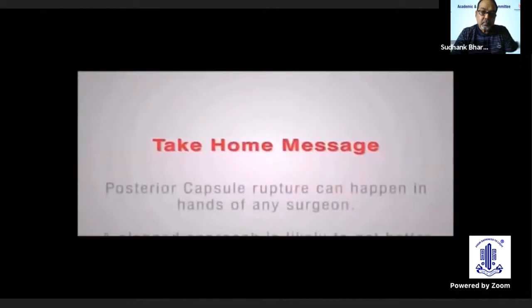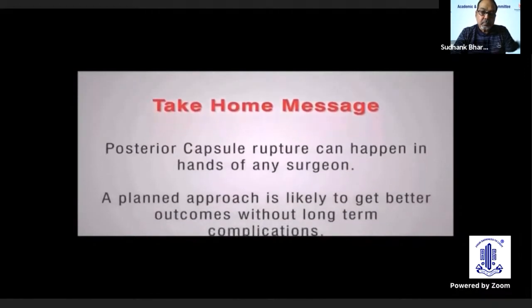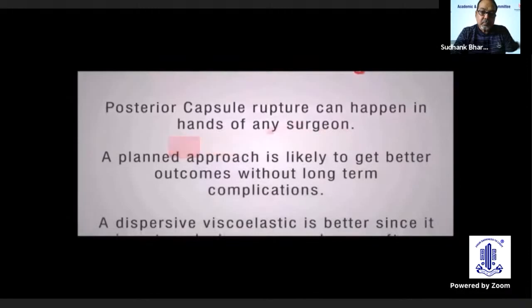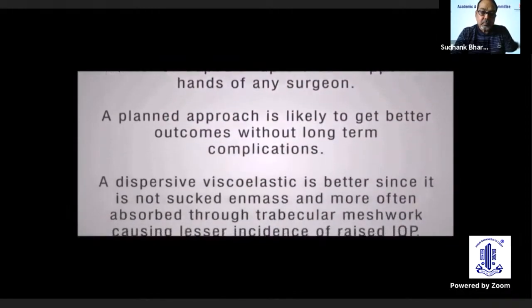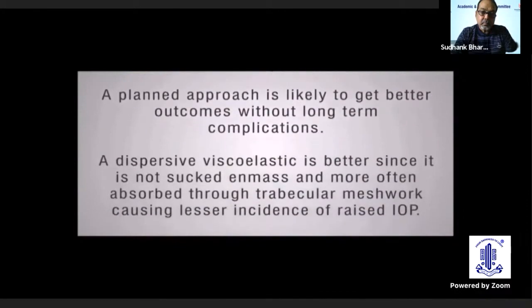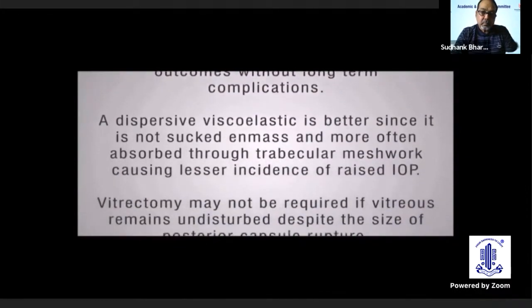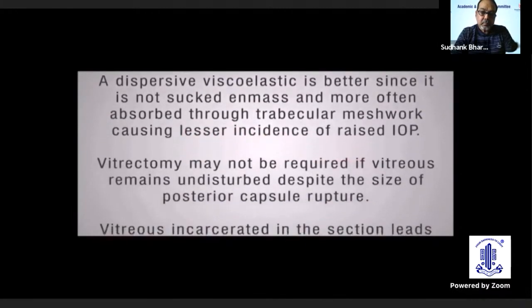The capsule rupture can happen in hands of any surgeon. A planned approach is likely to get better outcomes without long-term complications. A dispersive viscoelastic is better since it is not sucked en masse and more often absorbed through trabecular meshwork, causing lesser incidence of raised IOP.